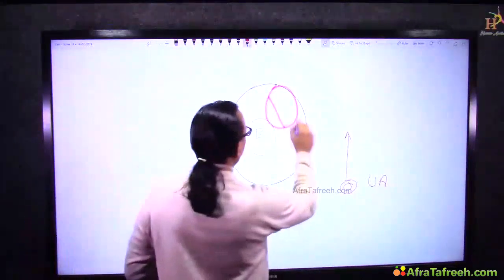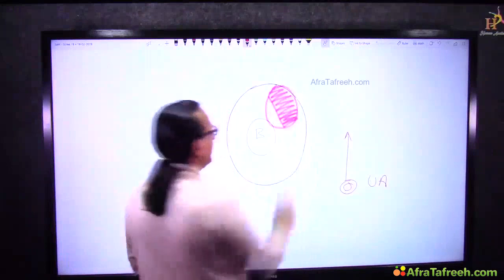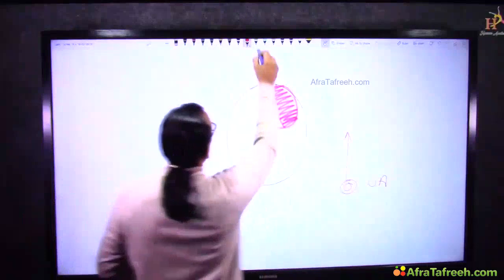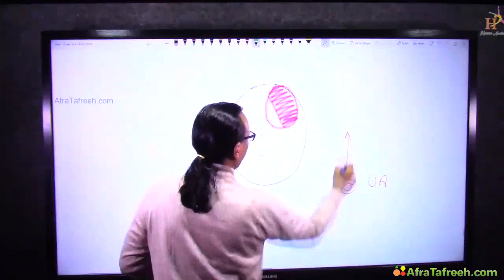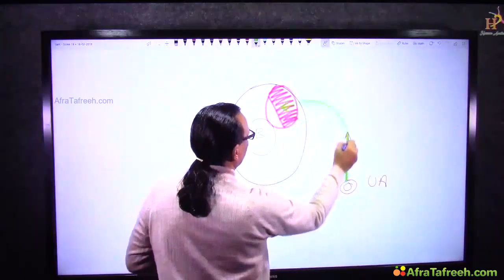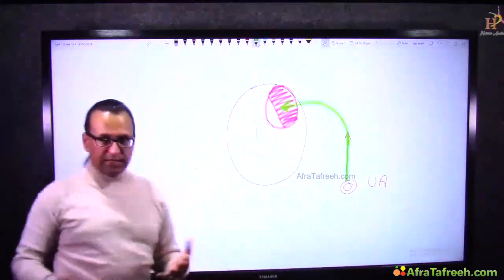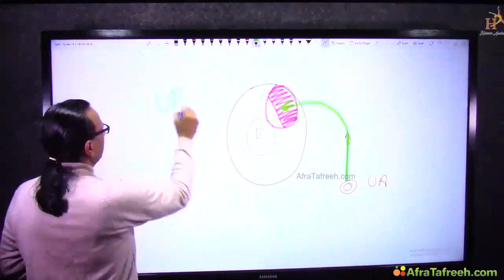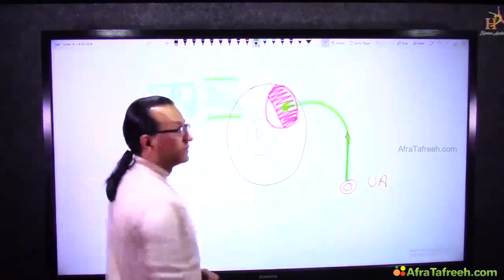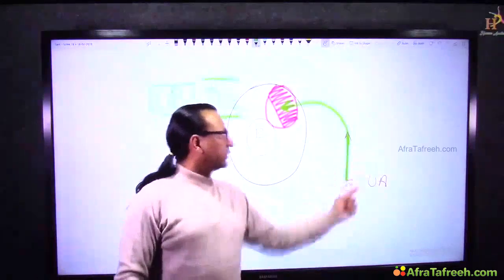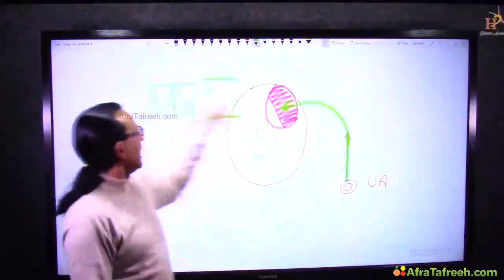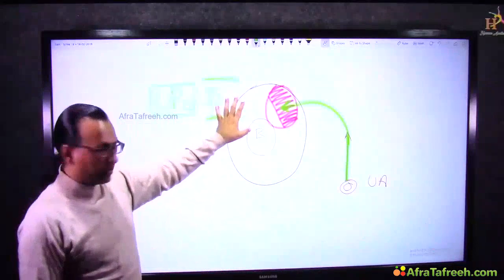Now when you say this is the uterine placenta and this one is the fetal placenta, in the beginning what happens is this uterine artery is going to supply the uterine placenta, and it is called uterine placental circulation, happening at day number 12 of the intrauterine life.